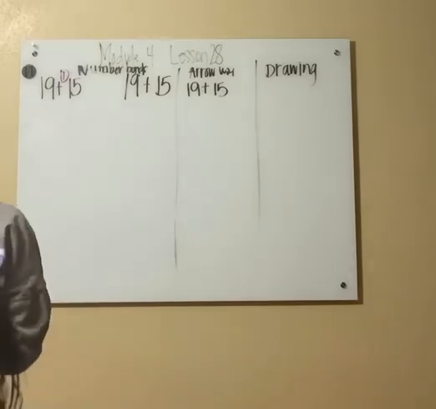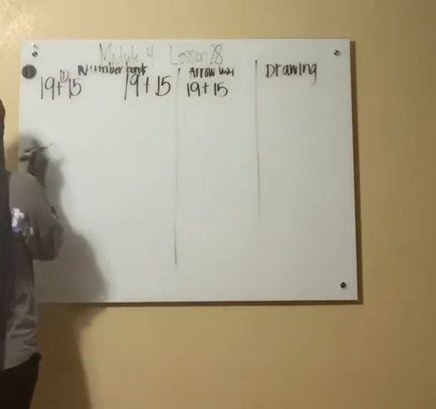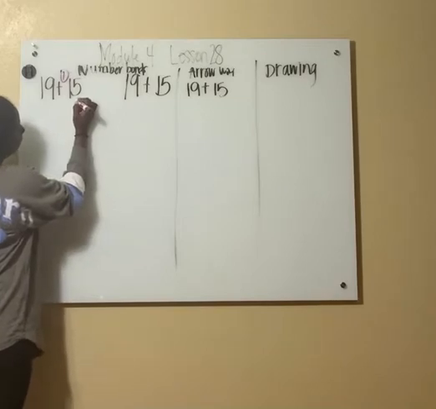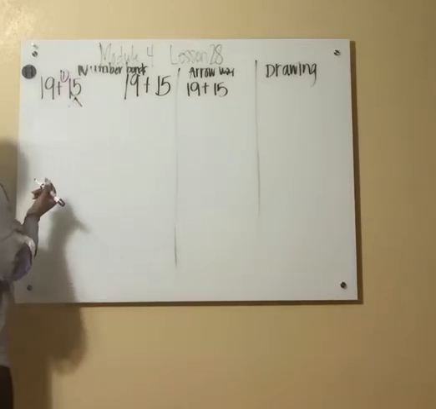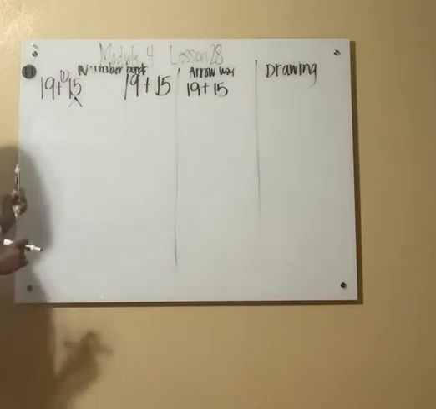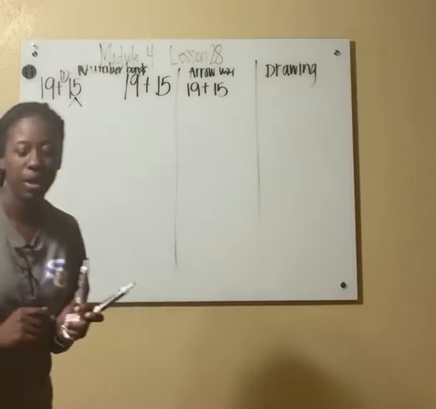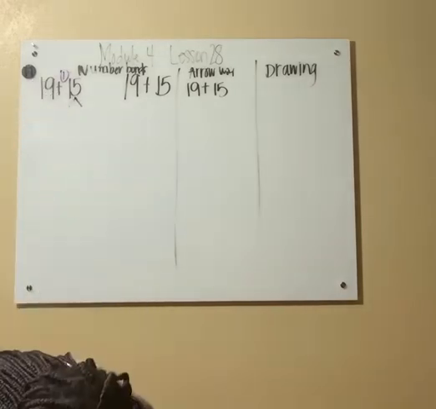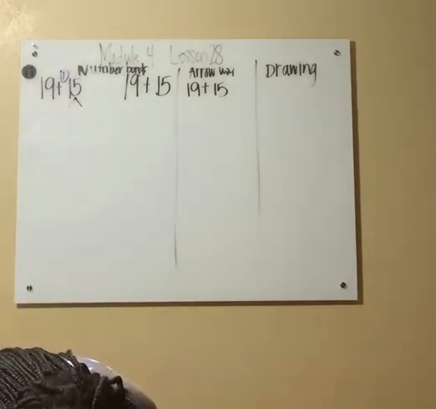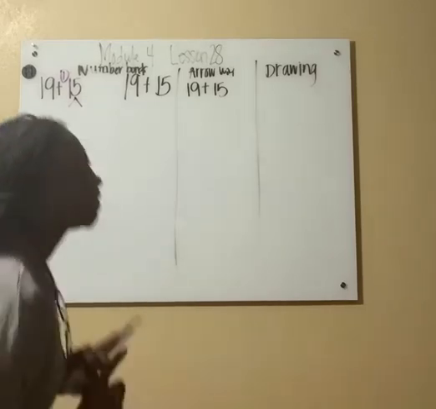So if I'm breaking down a smaller number, my smaller number is going to be the 15, right? So I'm going to break down my smaller number. 15 is going to break down into, the first one is going to be 10 and 5.